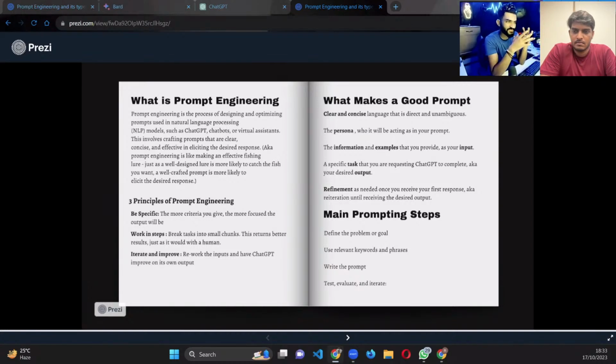Today's session would be completely a hands-on, practical session. We will not do much theory, and we will be diving deep into the practicals. So let's start, or should we wait?